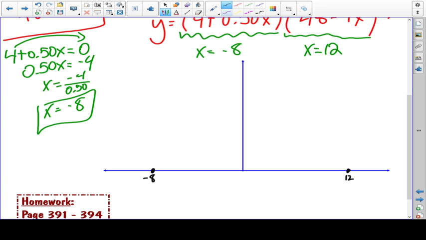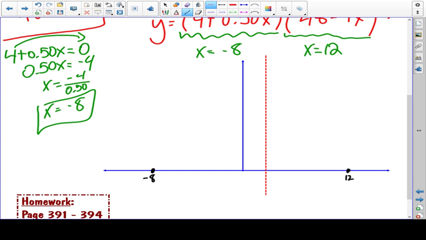What's the halfway point between negative 8 and 12? 2. 2 is halfway between those. So out comes my axis of symmetry here.